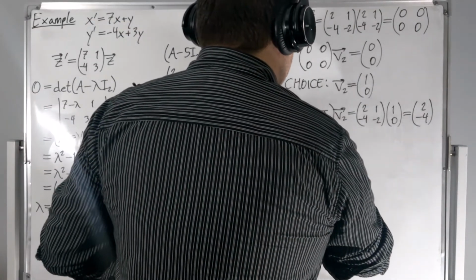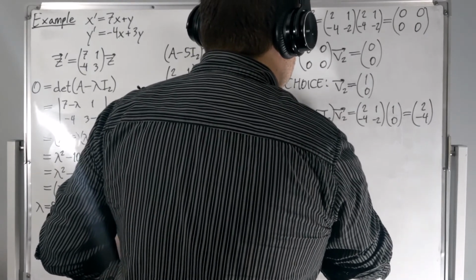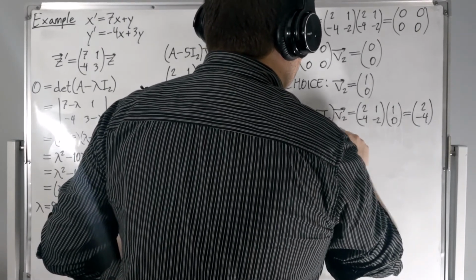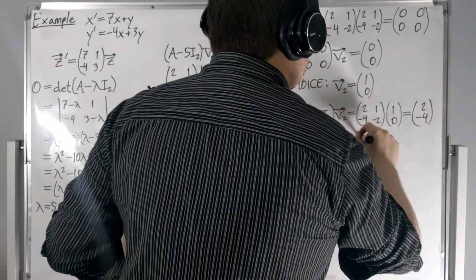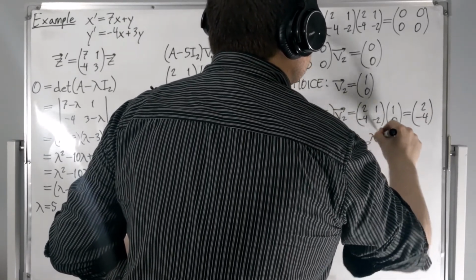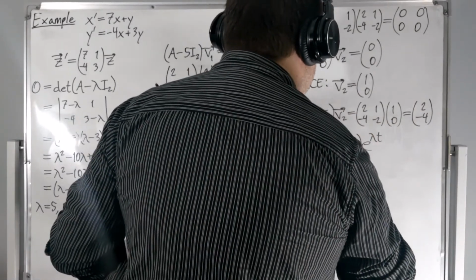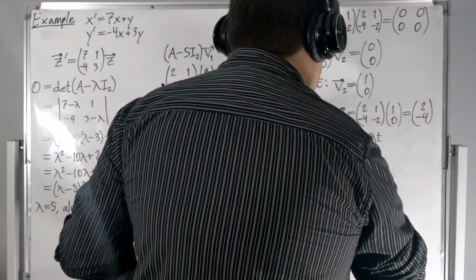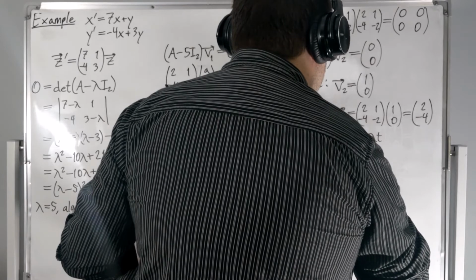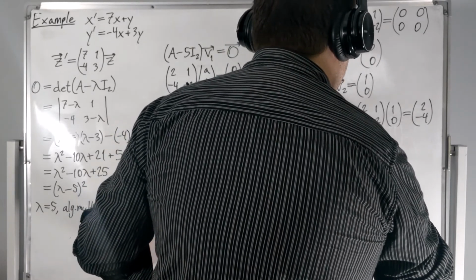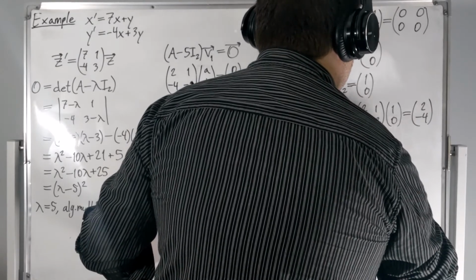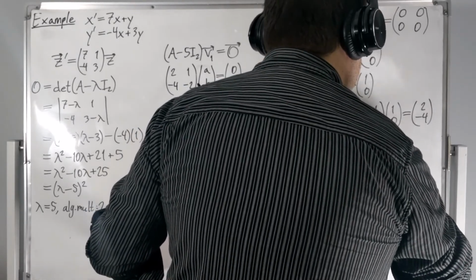So now, the second basis solution is going to be v1 vector times t plus v2 vector times e to the lambda t, which in our case is going to be (2, -4) times t plus (1, 0), e to the 5t.